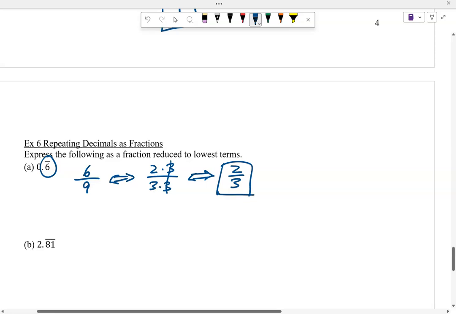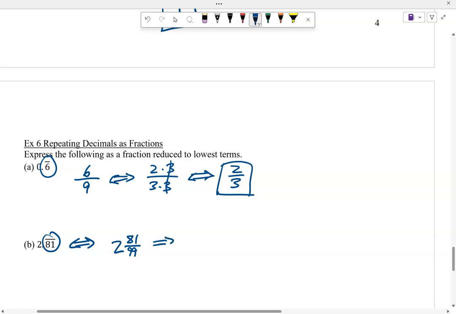Let's do this 2.81 here. So 2.81 repeated, that would be 2 and 81. Now notice there's two numbers that are repeating. So I'm going to put it over two 9s, 99. 2 and 81 99ths.